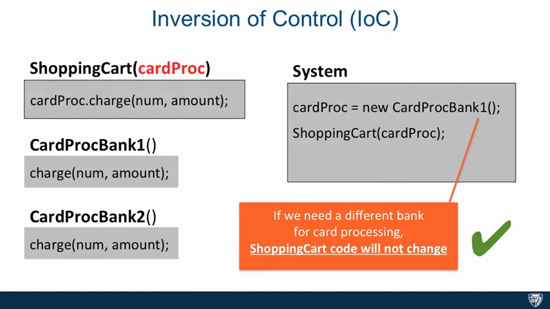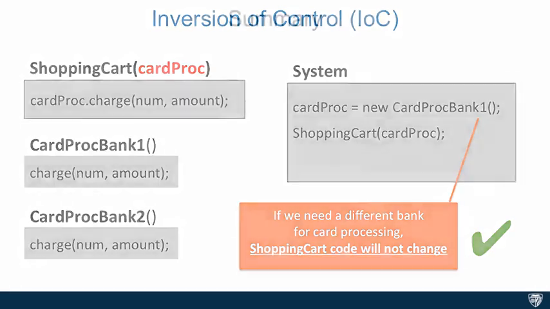This is, by the way, why IOC, or inversion of control, is sometimes jokingly called "don't call us, we'll call you." Because as you could see, the shopping cart no longer calls out to instantiate the card processing module, but instead the system calls the shopping cart module, providing the card processing instance to use inside of the shopping cart.